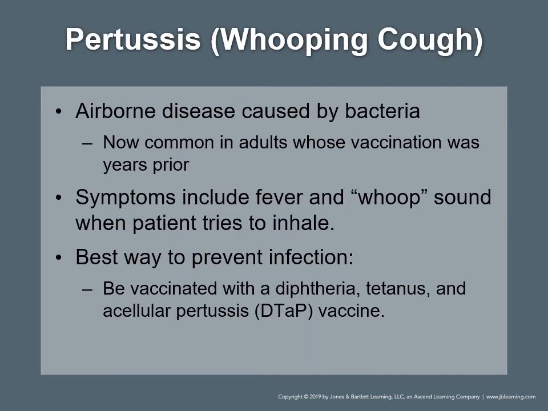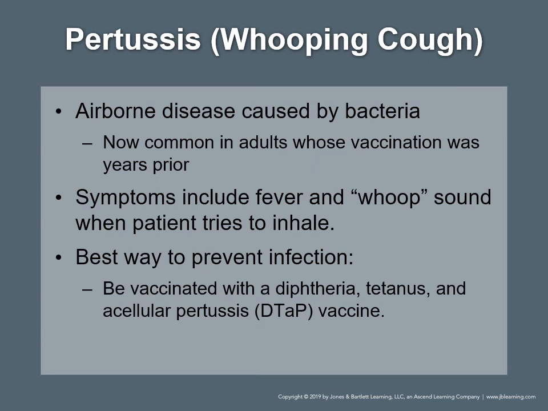All right, pertussis, also known as whooping cough. This is an airborne disease caused by bacteria that previously affected children younger than 6 years of age. It's now becoming common in adults whose vaccination was years prior and whose immunity has decreased.